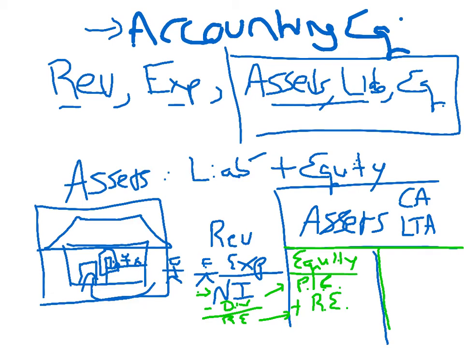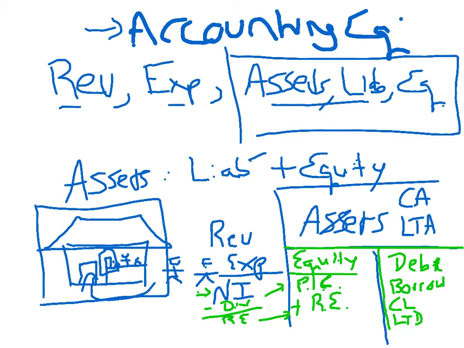And the second one is debt. We can call it debt, we can call it liabilities, but the bottom line is this is where we go to external people like a bank and say, I need to borrow some money. Just like assets, this can be short-term, current liabilities, or long-term, which is called long-term debt.